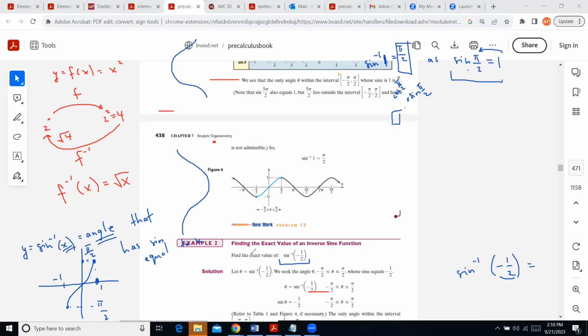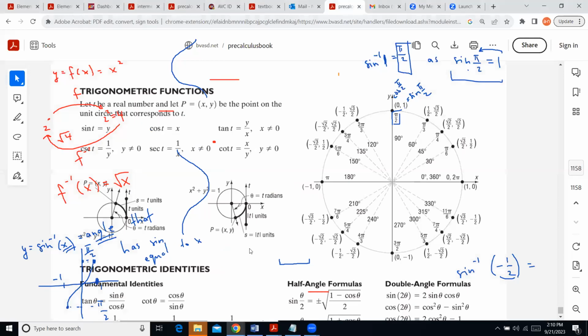So how can I find the angle? Well, our old favorite unit circle will help us. So if I'm looking at the half of a unit circle, and they give me 1/2 with a negative sign, the angle that corresponds to it will be here.